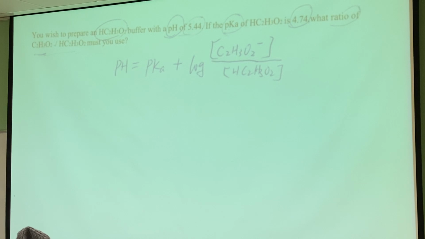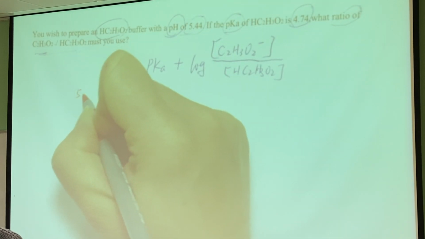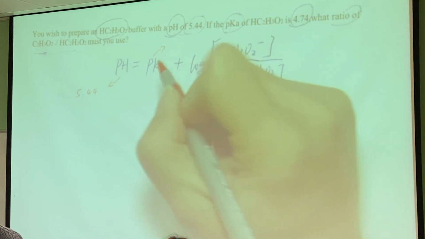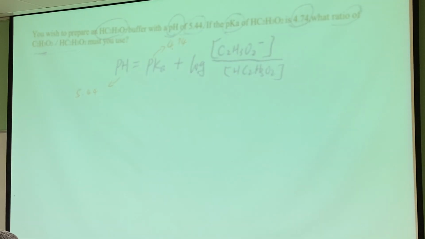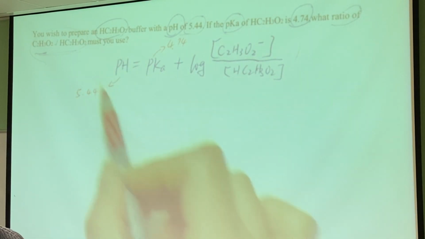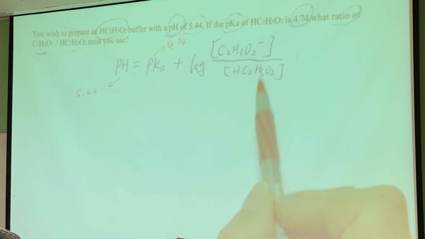So now, you just say what is given, what is unknown. So pH, okay, good, it's given. pKa, given. It asks you the ratio. Through this equation, you cannot directly get the ratio, but you can get a log of this ratio, right?